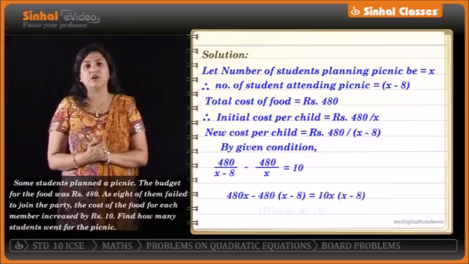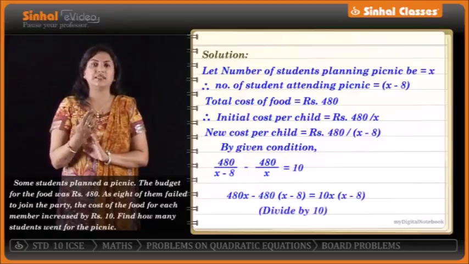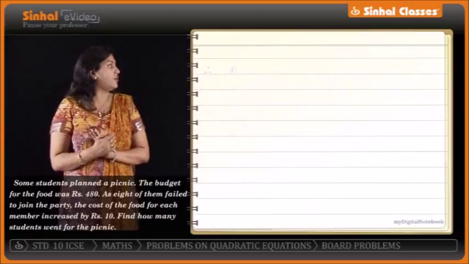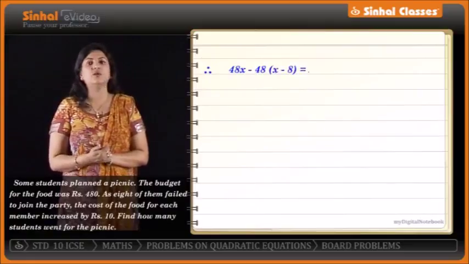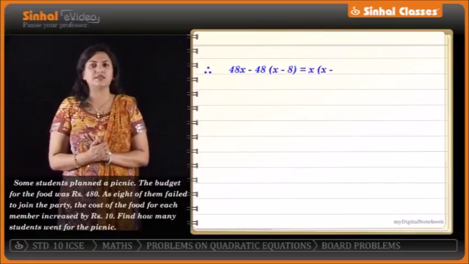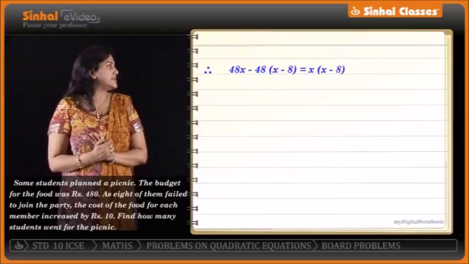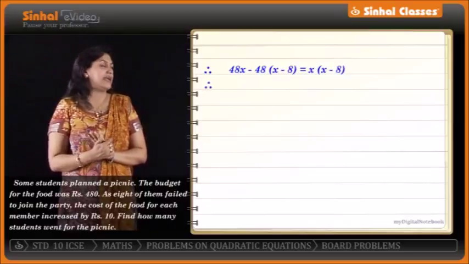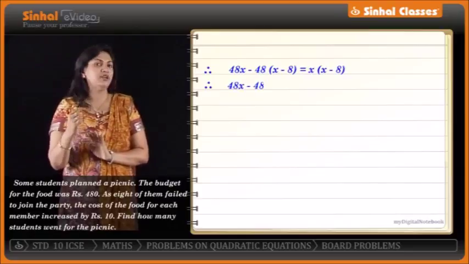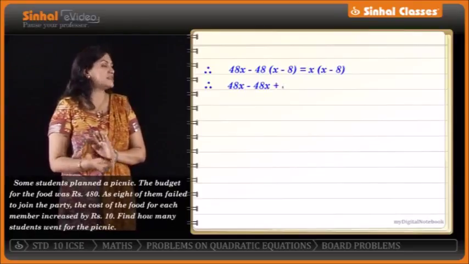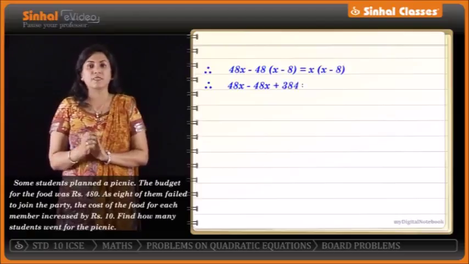We divide this equation throughout by 10. So we have 48x minus 48 into x minus 8 is equal to x into x minus 8. Simplify this as 48x minus 48x. Now minus 48 into 8 gives us 384.